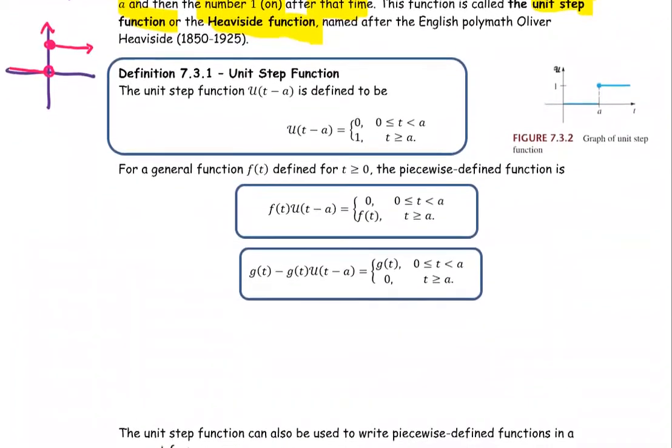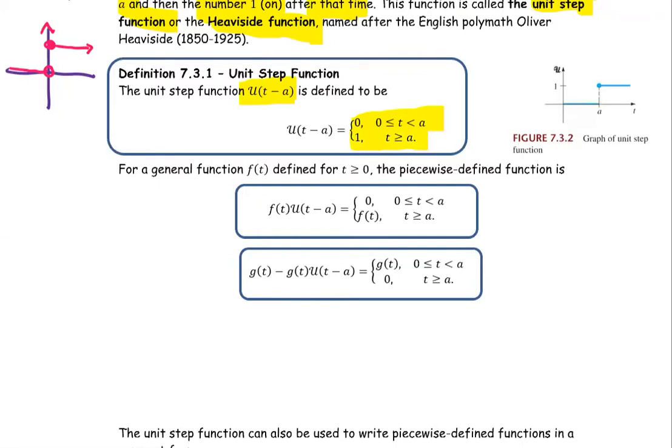Now we are going to look at the definition of the unit step function that has a translation on the t-axis by a units. We use the notation script u of t minus a, which is defined to be 0 for t greater than or equal to 0 but less than a, and defined to be 1 for t greater than or equal to a.